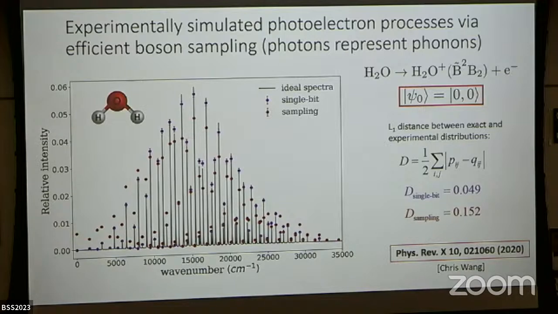So this is literally the spectrum of energies that the photoelectron has that the chemist would measure, because it tells you how much energy was left behind in vibrations in the molecule and taken away from the kinetic energy of the photoelectron. So this is literally the thing the chemist would measure.